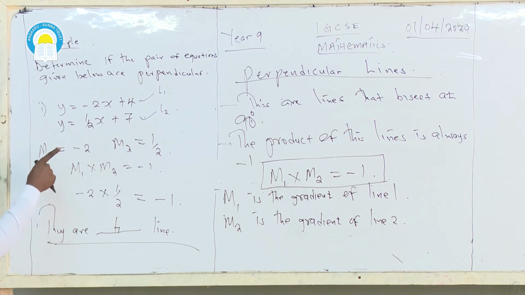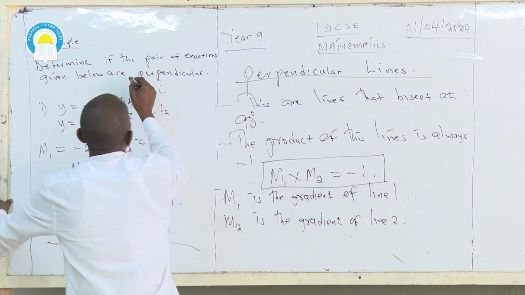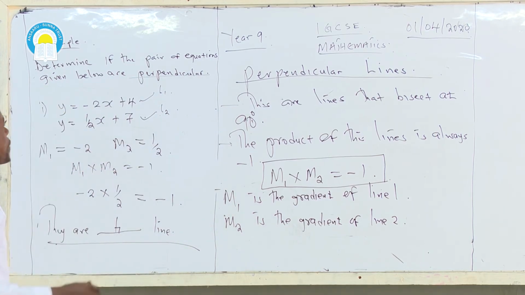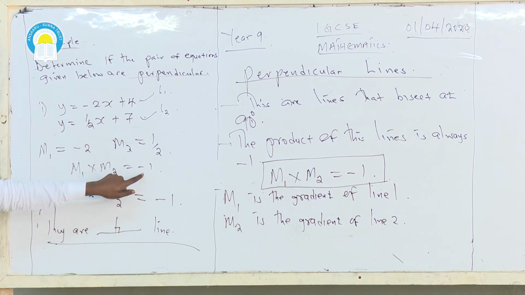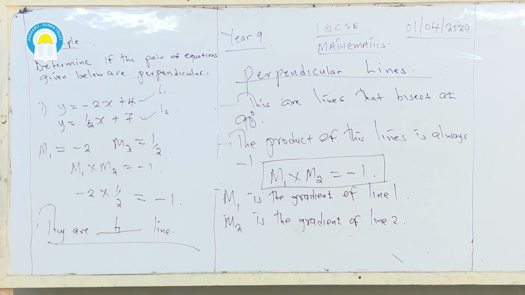After stating the gradient, we are dealing with perpendicular lines, and in perpendicular lines, the product of their gradients must be -1. So that's why we're saying M1 times M2 is equal to -1.